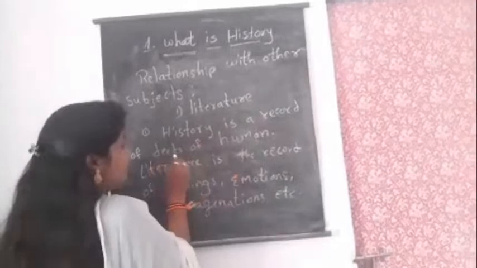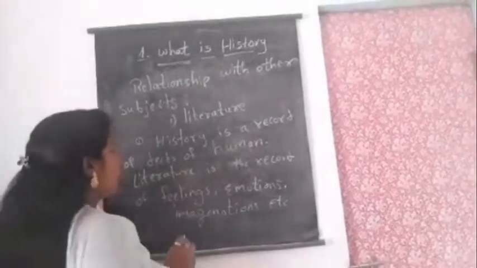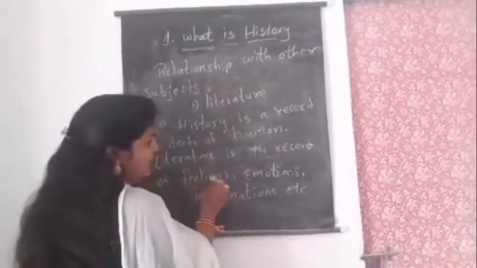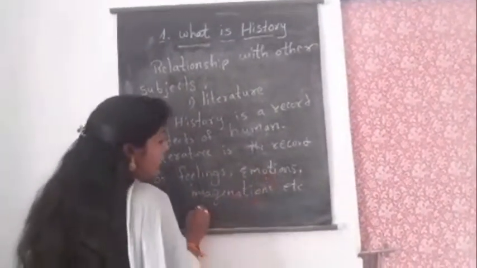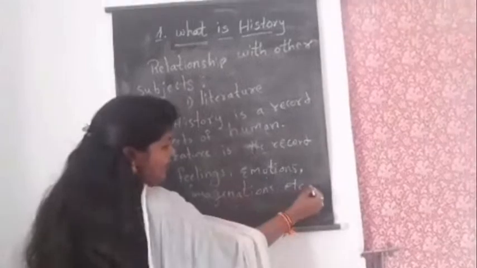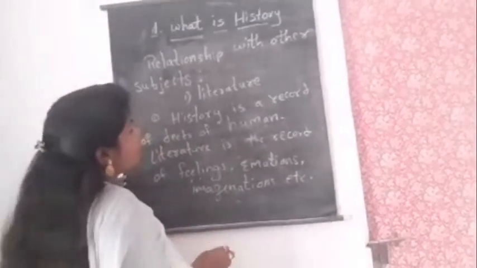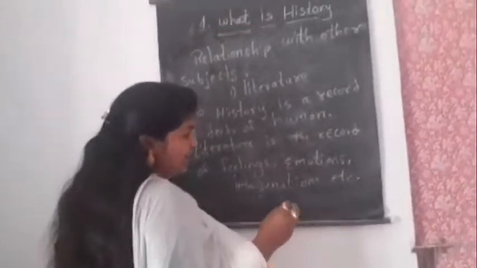History is a record of deeds of human, and literature is the record of feelings and emotions and imaginations, etc. So the relation of literature and history is hand in hand.